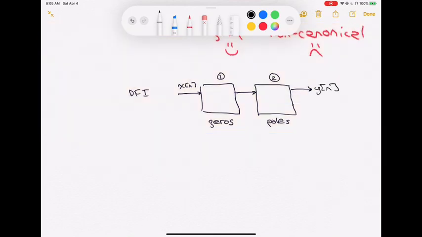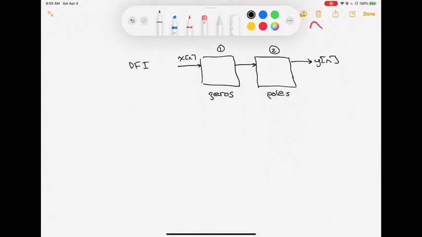What I would like to try to do here, because I know that a cascade of systems, if they're non-loading, which these are, doesn't care which order that cascade comes in. I could do this as x of n feeding into block 1, which feeds into block 2 to give me the output y of n.